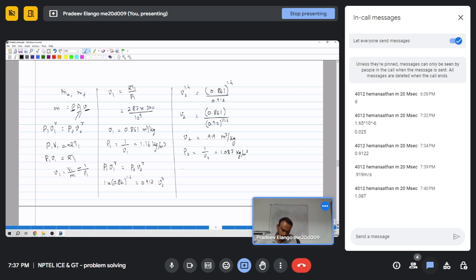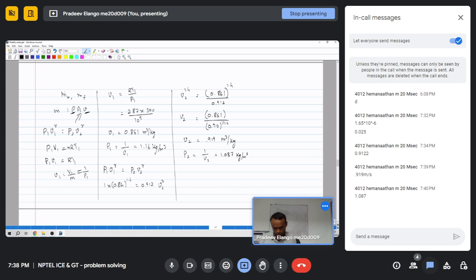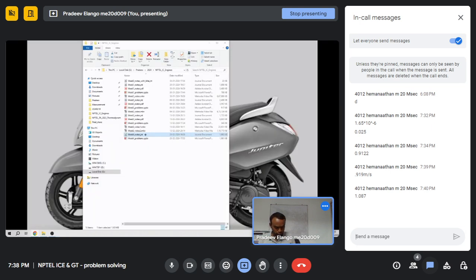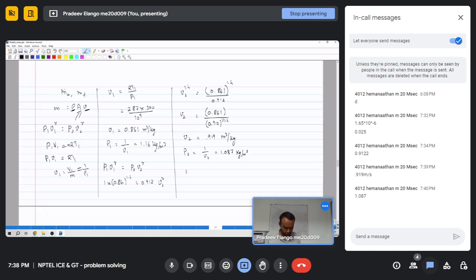Now m dot a is rho 2 A2 V2. m dot a is known, that is 5 by 60.